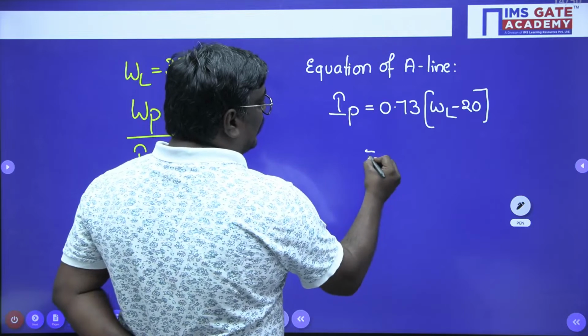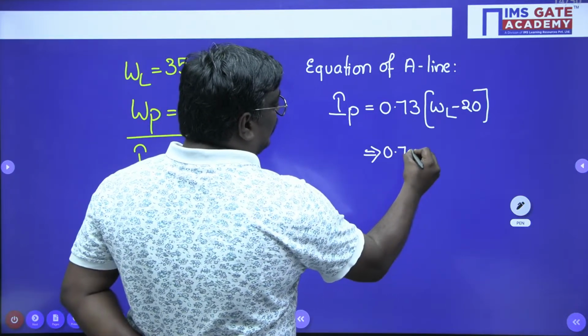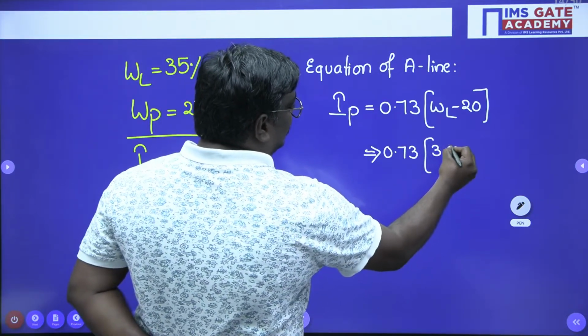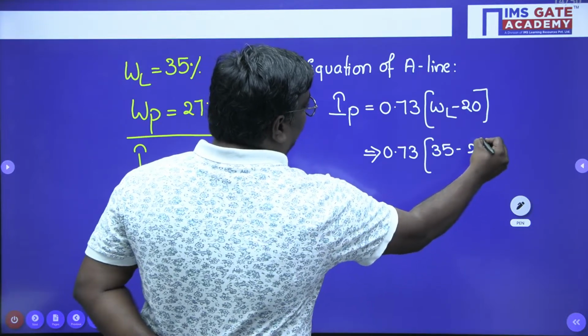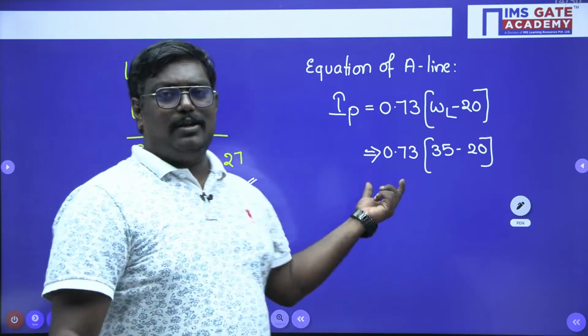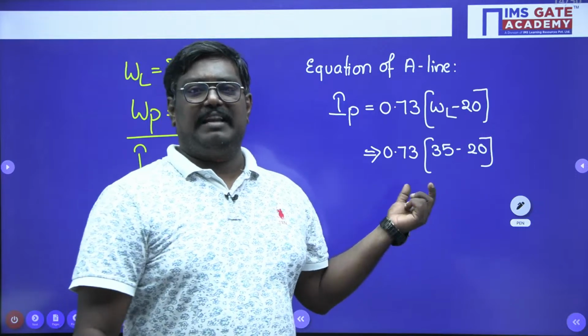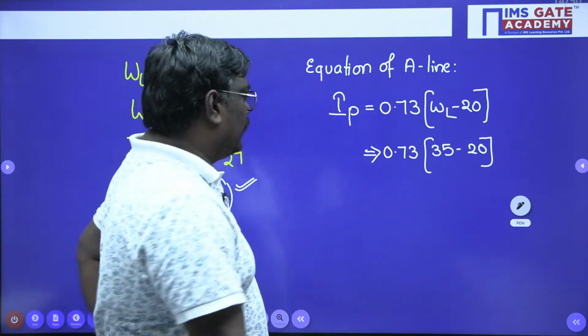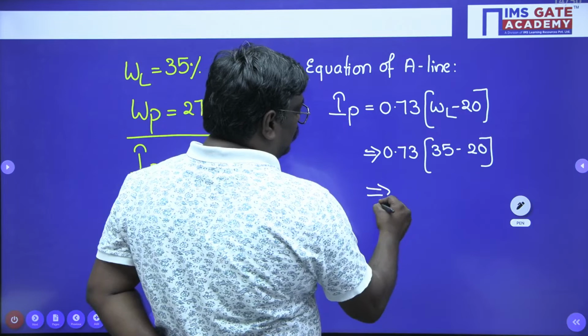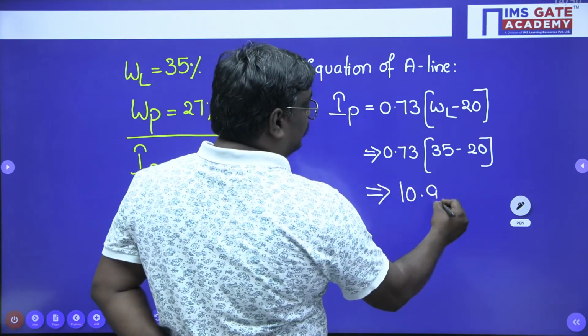So here you can write it as 0.73 into (35 minus 20). So it will be 15. What is the value, students? 7.3 plus 3.65. Very good answer, Srujana. So it is equal to 10.95.